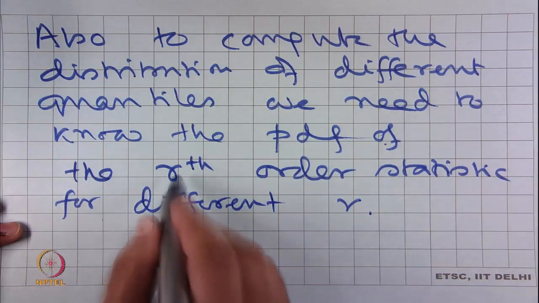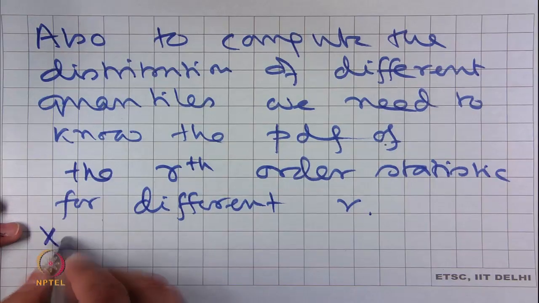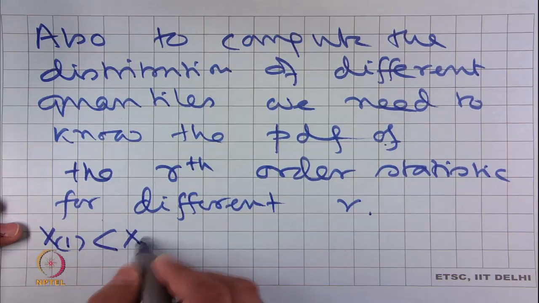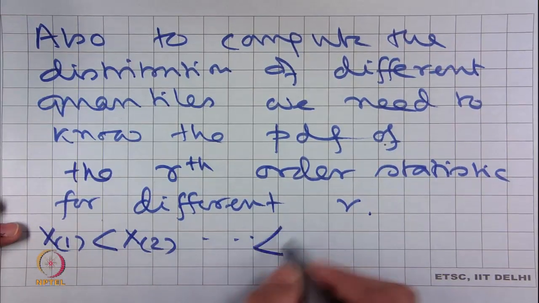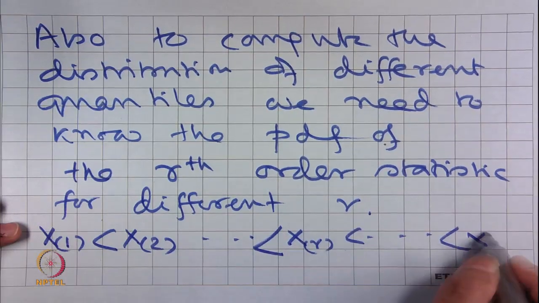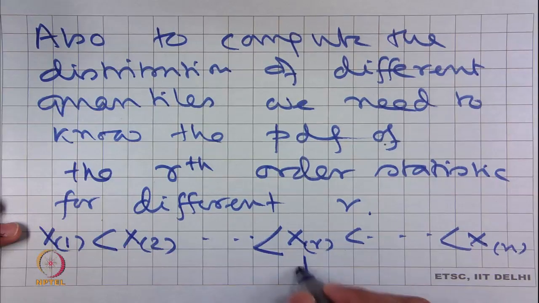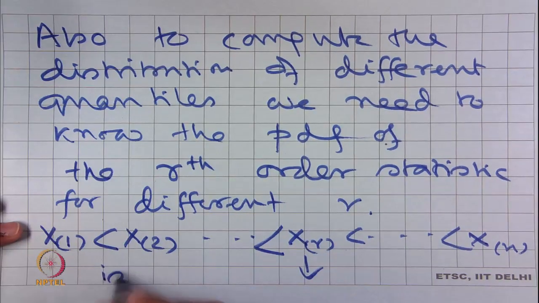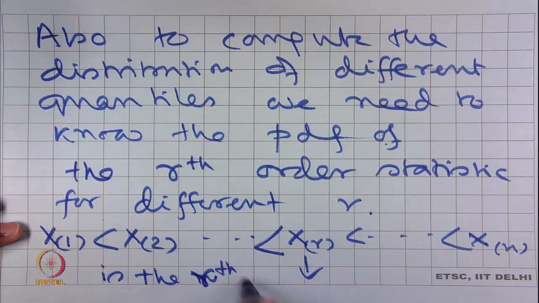What is rth order statistic? We know that x 1 less than x 2 and so on. So, rth order statistic is the minimum, the rth minimum in the sample.